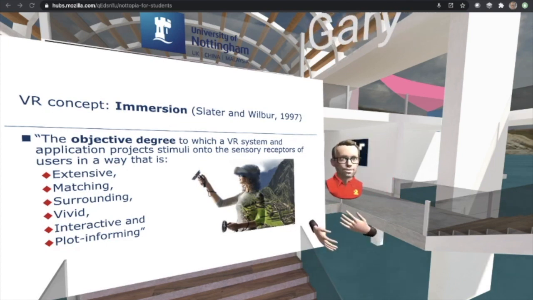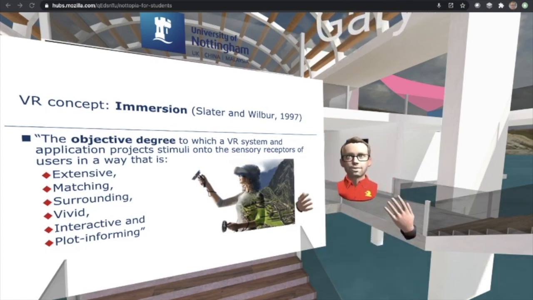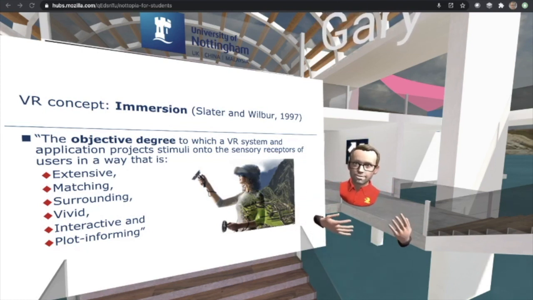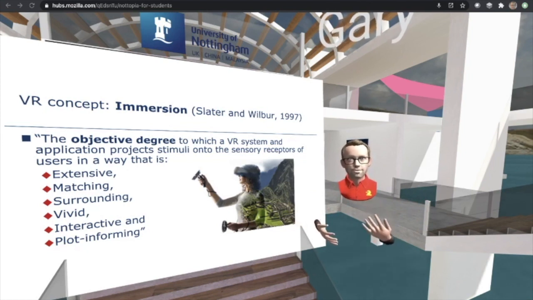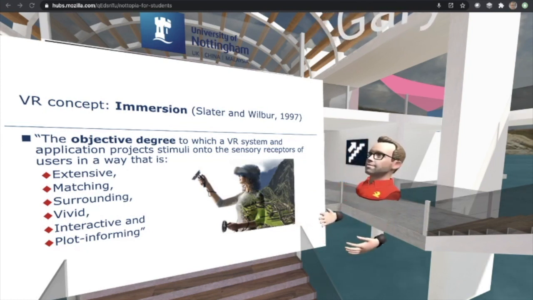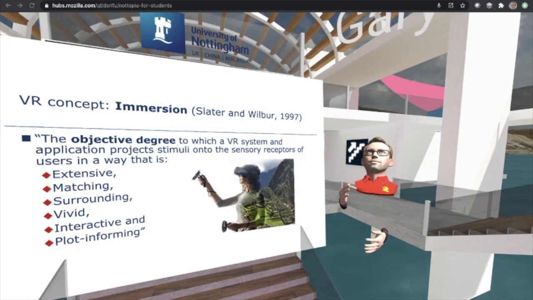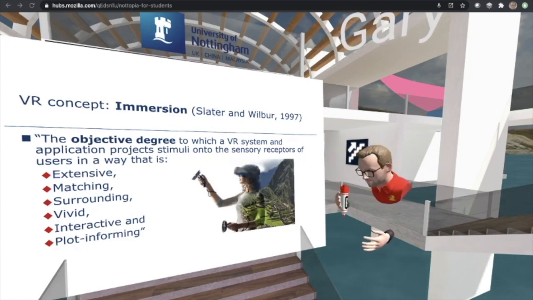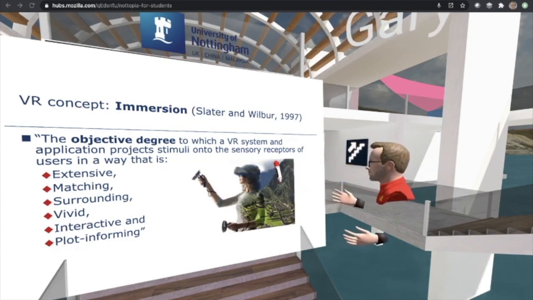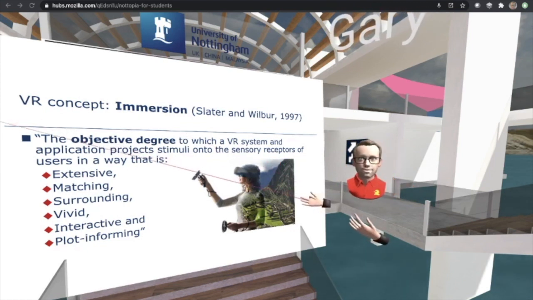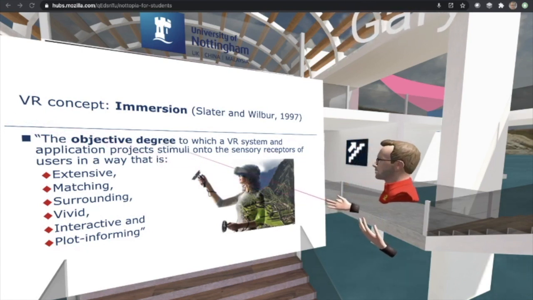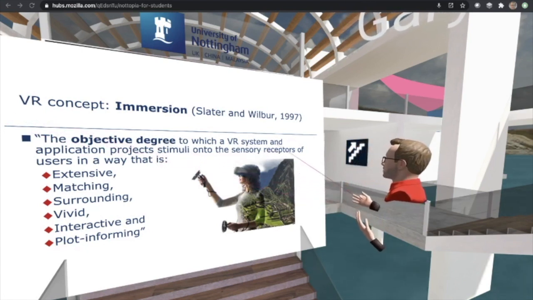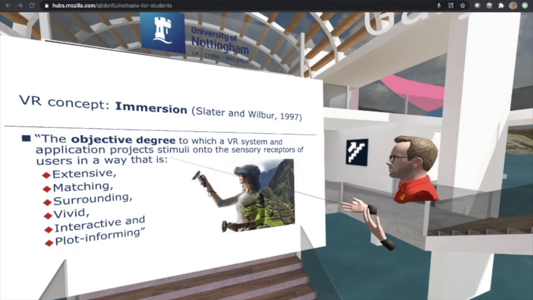So many people will think of immersion and presence as being the same thing, but they are in reality quite different. Immersion is an objective quality: the degree to which the virtual reality system and application projects stimuli onto the sensory receptors of users.